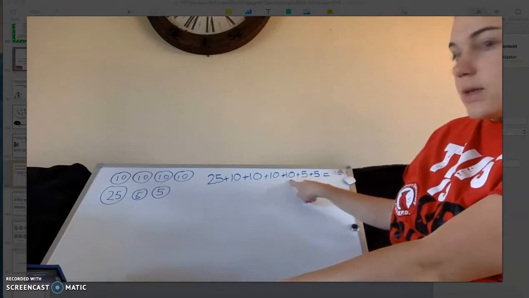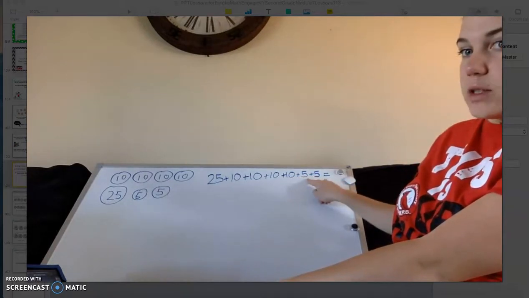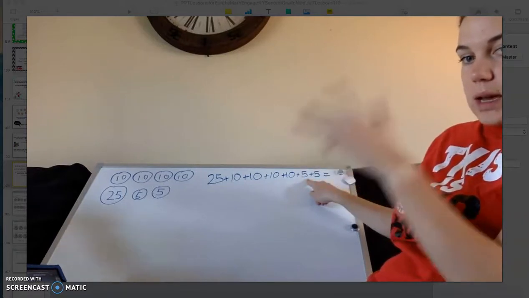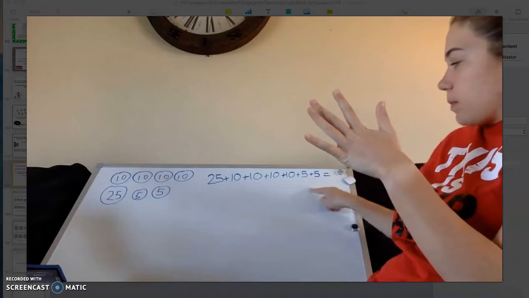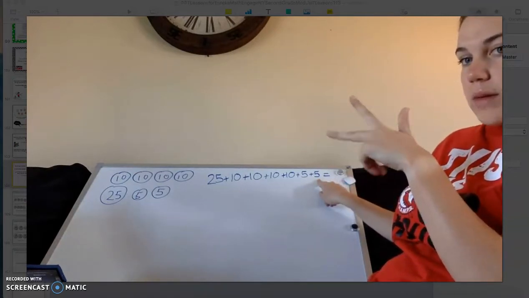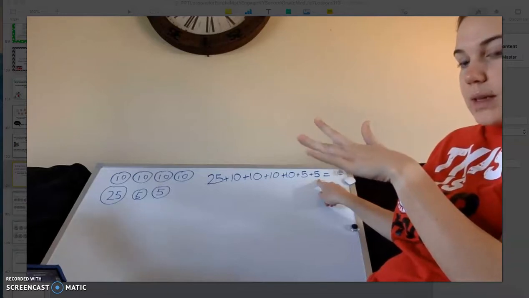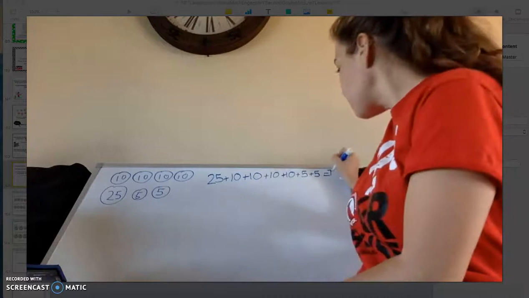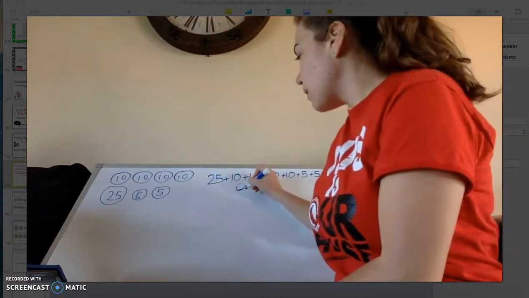Good. 65 plus 5 now. So it's 65, 66, 67, 68, 69, 70. Plus 5 more. 71, 72, 73, 74, 75. So Carla has 75 cents.